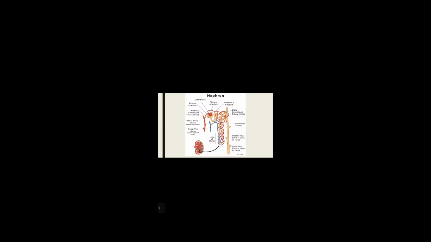So the nephron is the functional unit of the kidney. There are about 1 to 2 million nephrons in each human kidney. First of all, the glomerulus is the filtering unit of the kidney, which is composed of a network of capillaries, and next the efferent arteriole that carries away blood from the glomerulus.